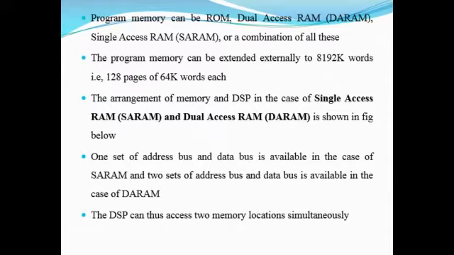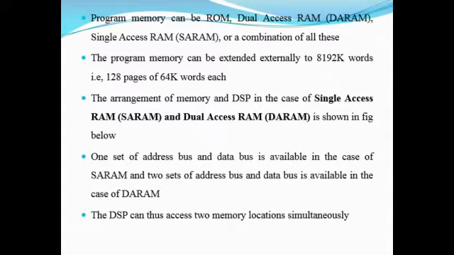Earlier it was something very much less compared to this figure of 8192 kilohertz. So based on that we are going to extend it externally. Whatever interface we consider, that interface has to be done externally in order to improve the program memory to 8192 kilohertz, that is 128 pages of 64 kilohertz each.